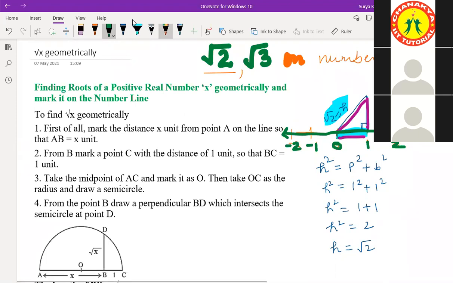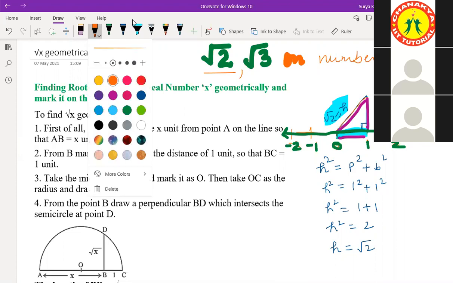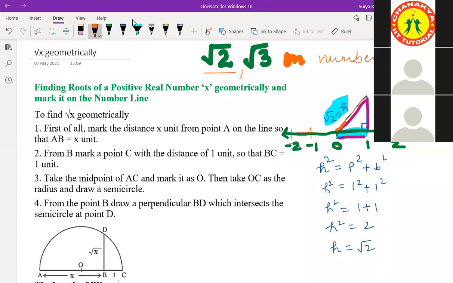See, if you draw any circle, this is your radius. Suppose this is a radius, and you are drawing a circle with the help of this radius. Then how will the circle look? Just draw one circle on the notebook, you'll get to know, okay? So your circle will look somewhat like this.